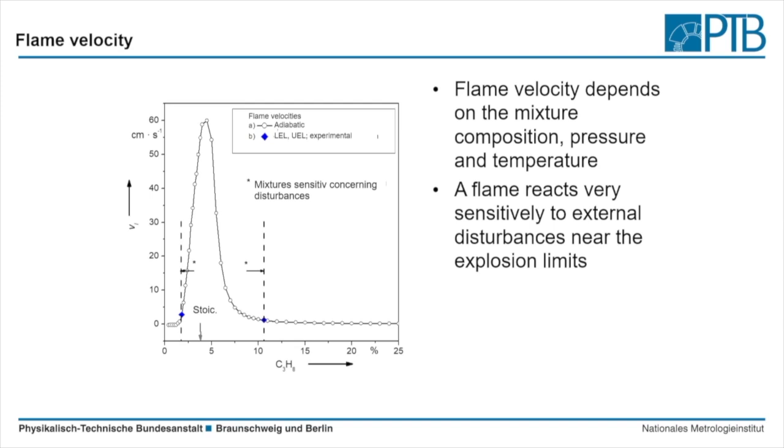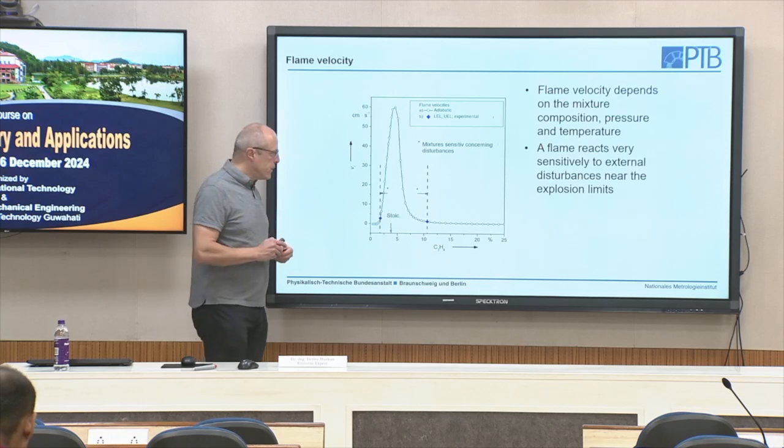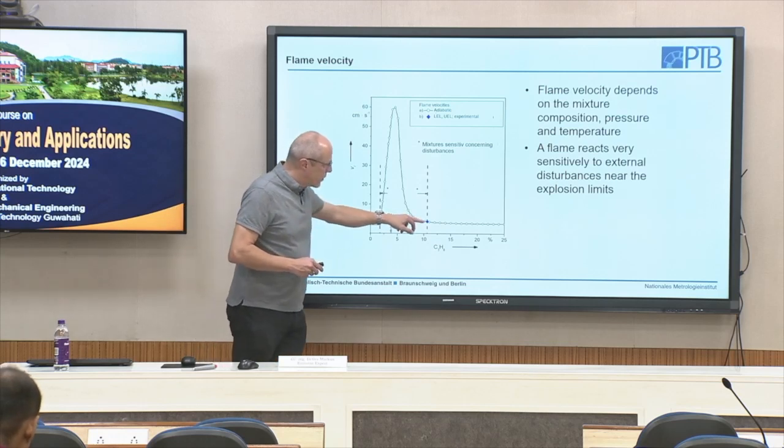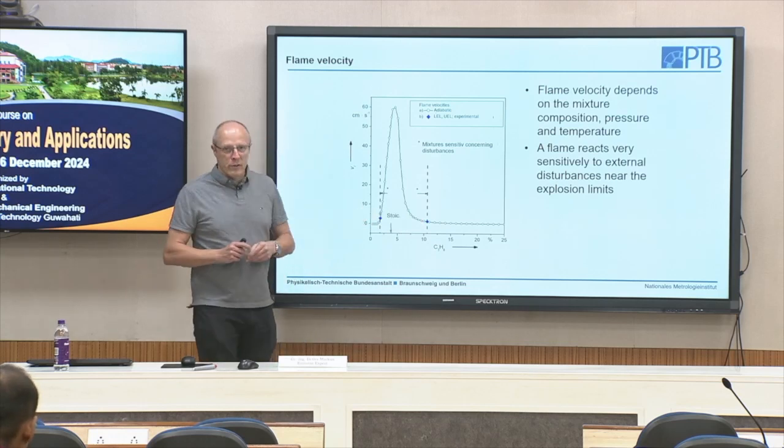So in the US, as I've said, the flame has to reach the upper end of the tube, so it needs a higher flame velocity. That means a slightly richer mixture compared to the European method. And these are different energy loss processes.